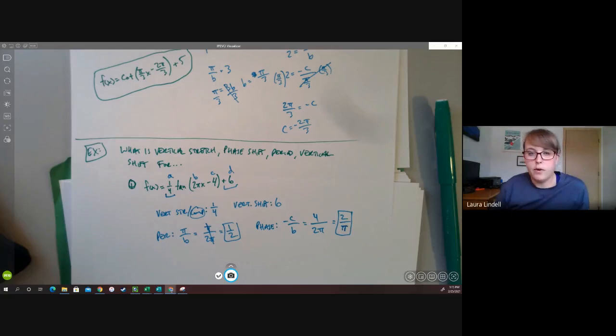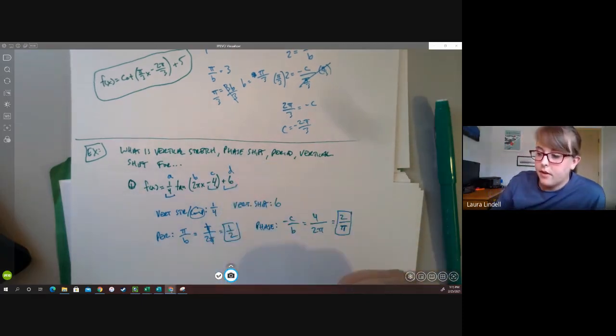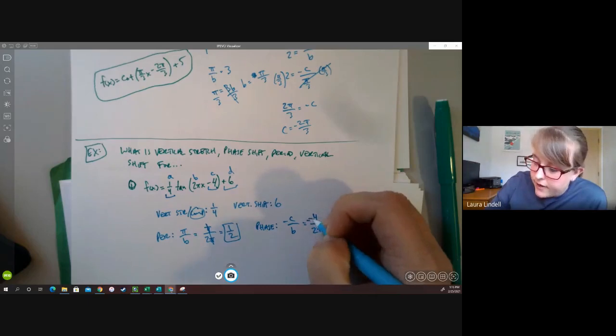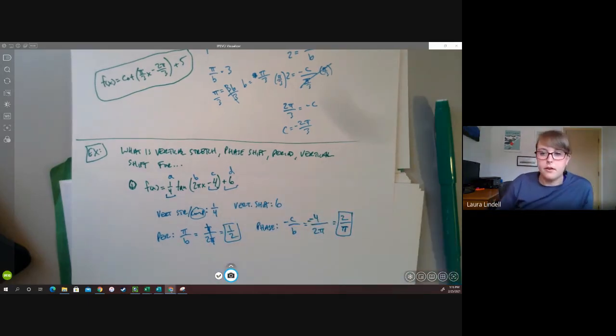Okay. Any questions with this one? Any numbers we're not sure where they came from? Any steps we're not sure how they happen or why they happen? Yes, the negative on 4 is because C is negative. So this would technically be -4, which turns into a +4.